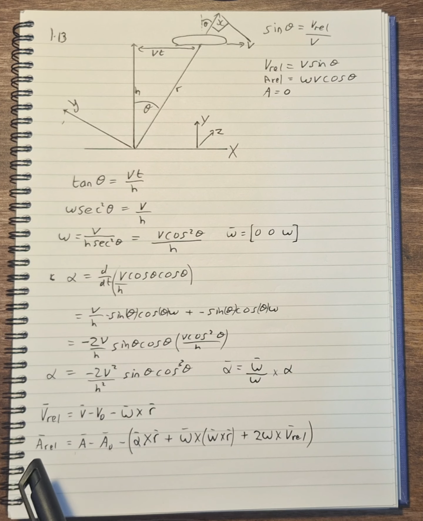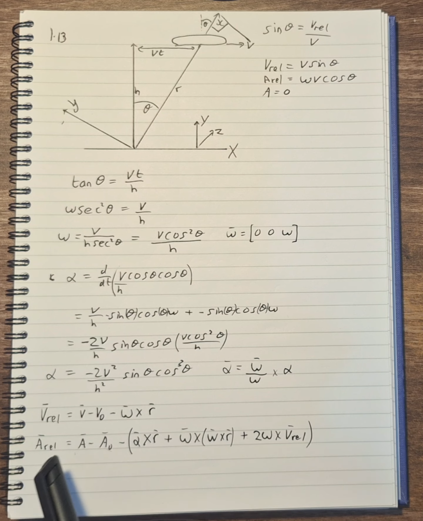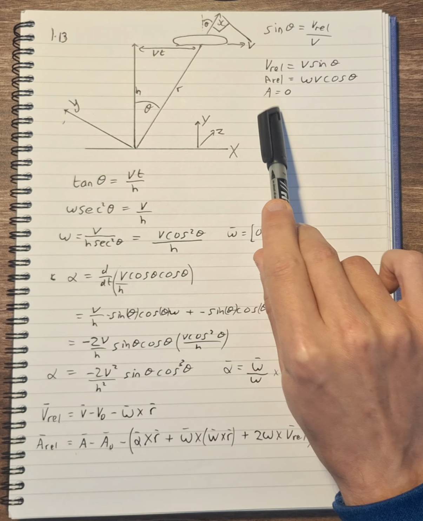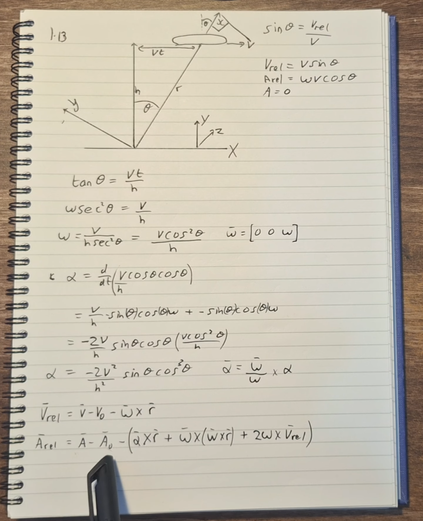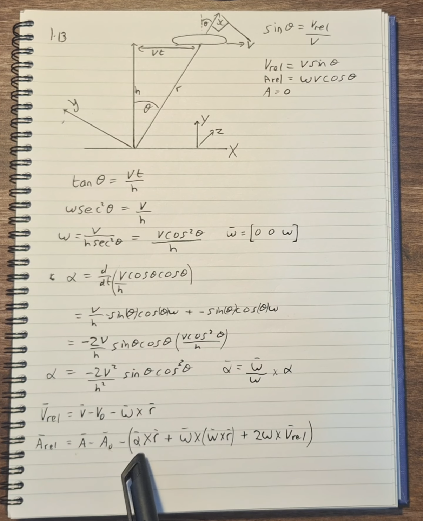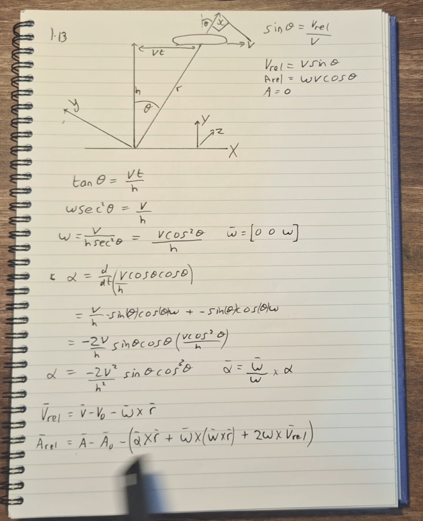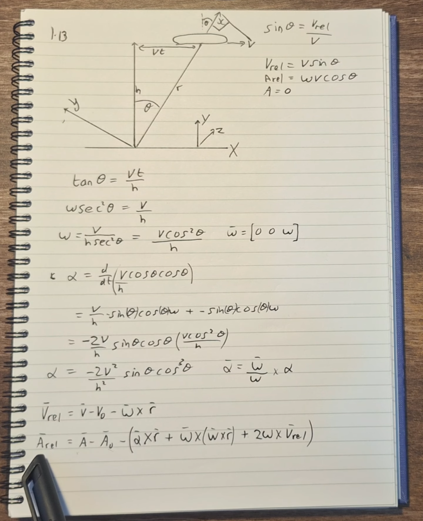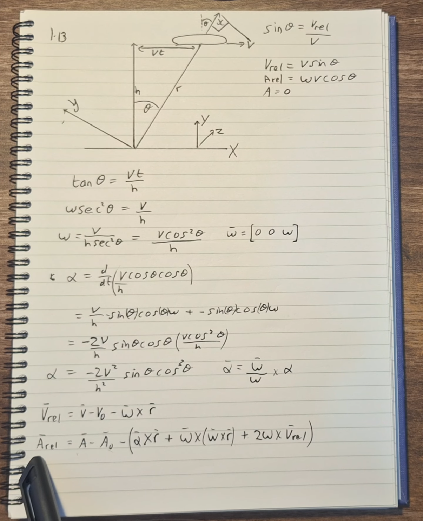Then the relative acceleration vector, again, we can get it this way. The absolute acceleration vector is 0, and the acceleration of the moving frame is 0. Then we subtract the rest of our acceleration formula, because we rearranged it so that it becomes negative. And so that gives you that. And that is basically it.